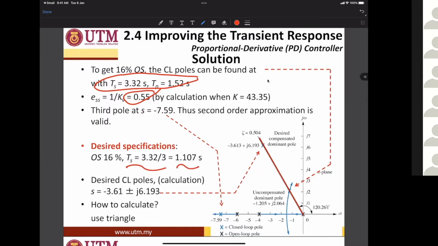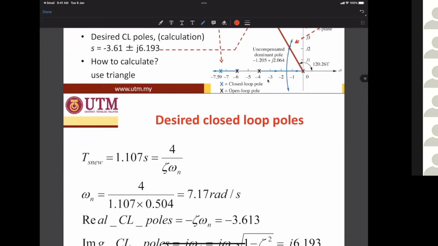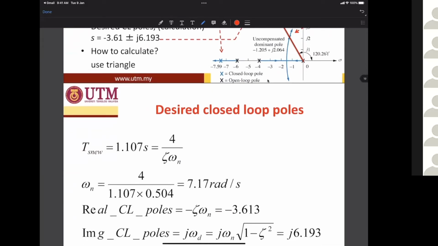Okay, so bila ini berlaku, maka dominant pole akan berubah. Okay, iaitu TS new sama dengan 1.107, which is 1/3 daripada TS old. Jadi sama dengan 4 divided by zeta omega n.